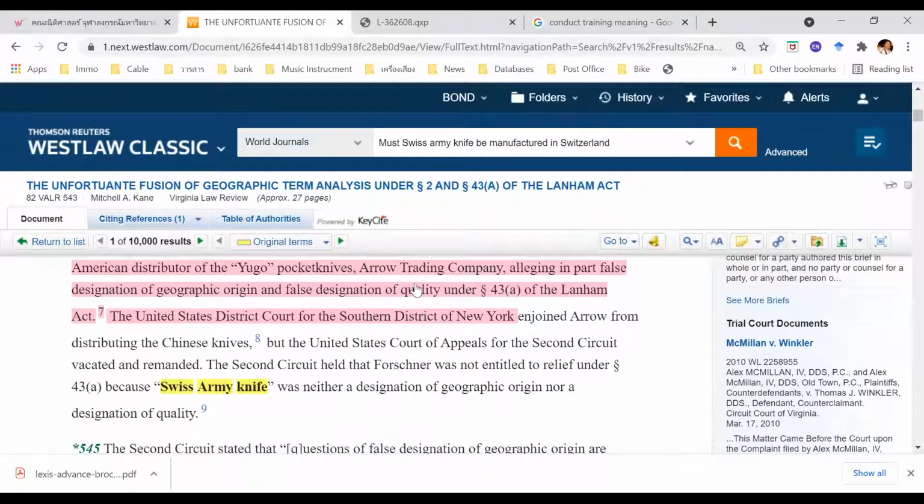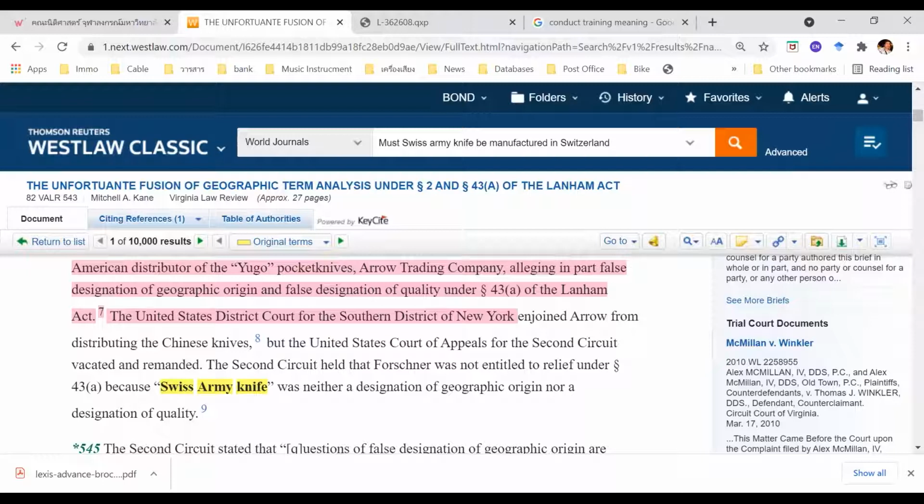And you look at it. This Army knife was just manufactured in China. So they just produce, just manufacture in China. They build the Chinese knife, and sell it in the US, and Victorinox just sues.